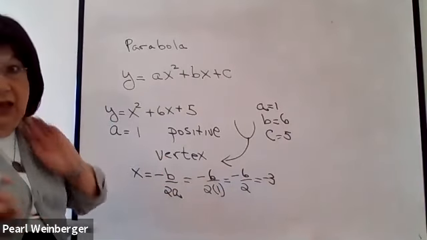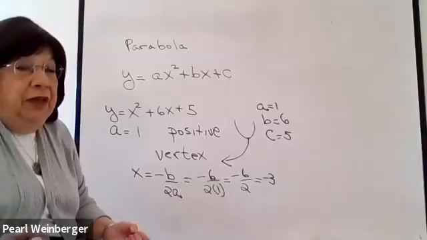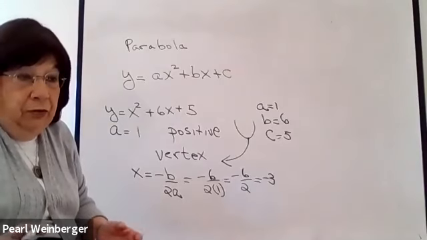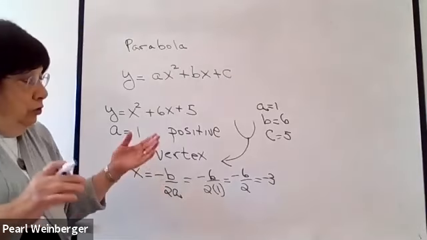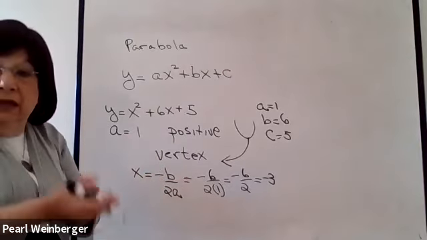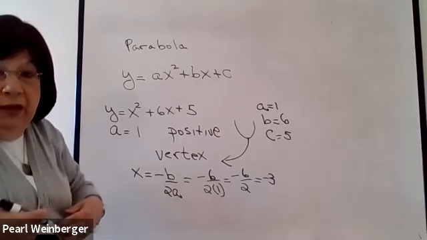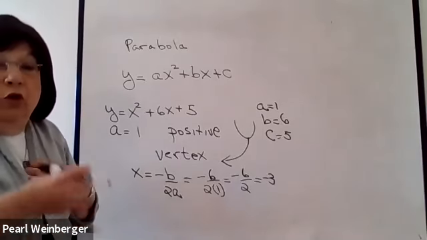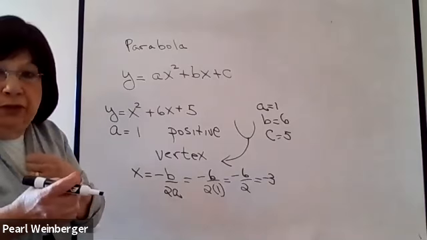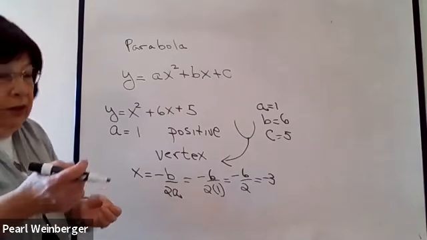Now that's not the end of it, because a vertex is a point. And we know that every point on the graph needs not just an x number, it needs a y number as well. It needs an x coordinate and a y coordinate.